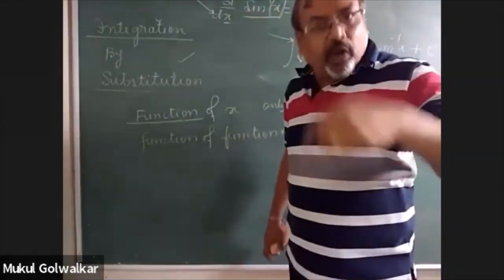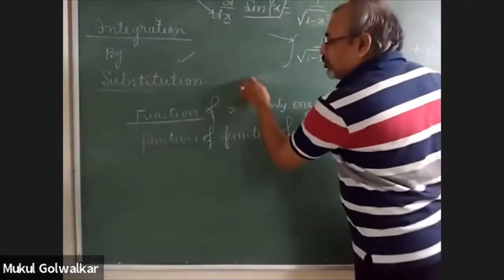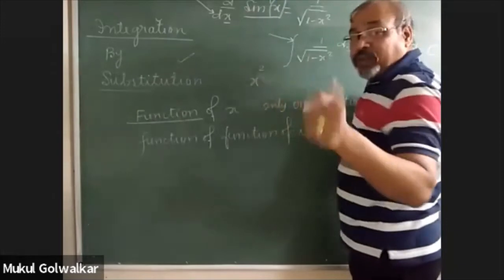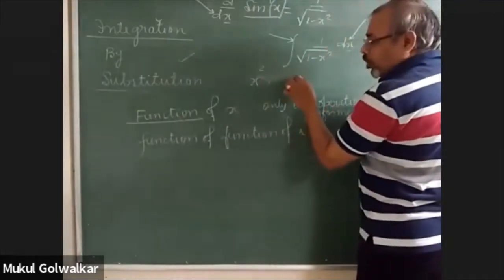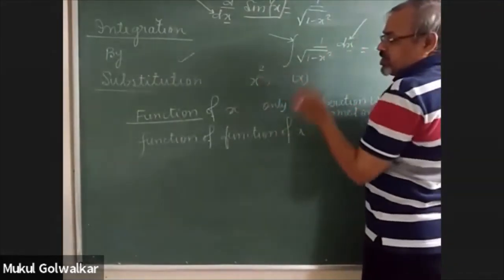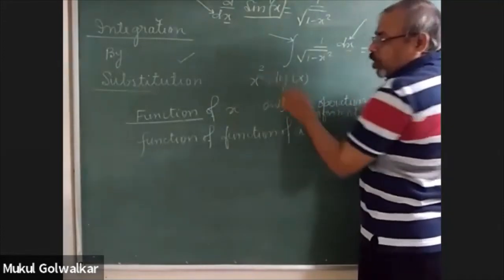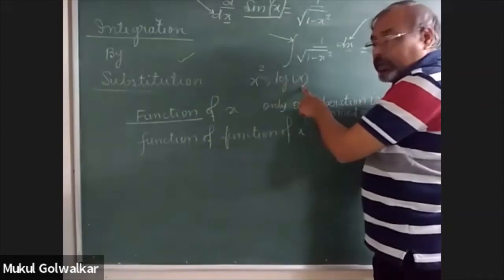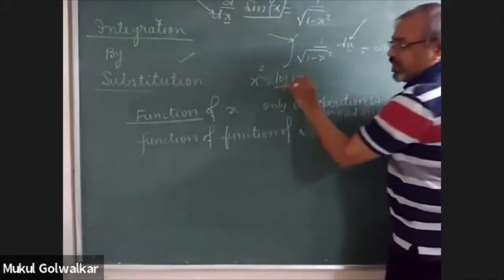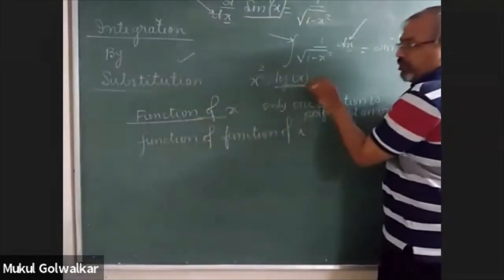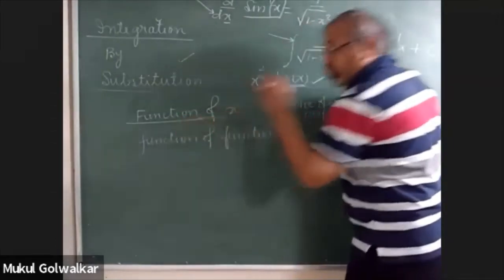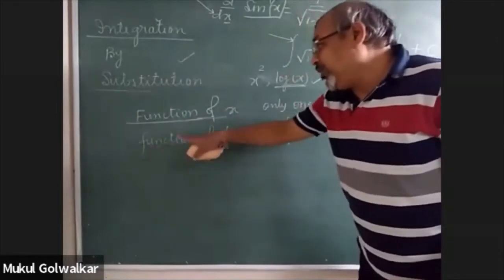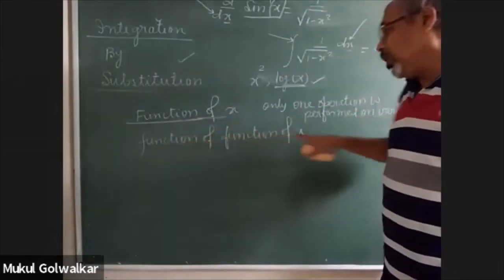For example, if I take the variable x and square it, only one mathematical operation is performed. Or if variable x is taken and I perform the operation of taking log, this is only one operation. So all these outputs that I am getting are called functions of x.